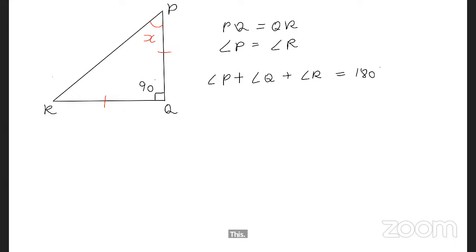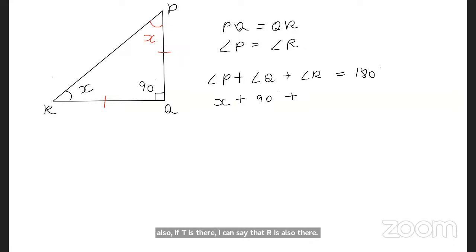Angle P and angle R we don't know. Angle Q is 90. If P is X, then I can say that R is also X, because both are equal. So X plus X plus 90 equals 180 degrees.